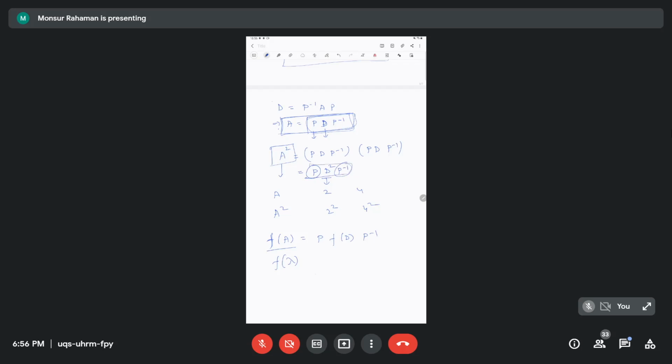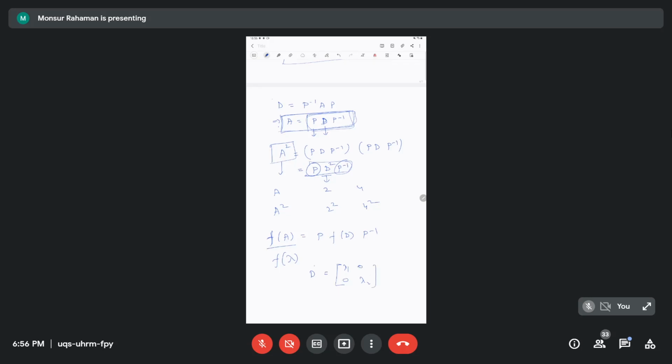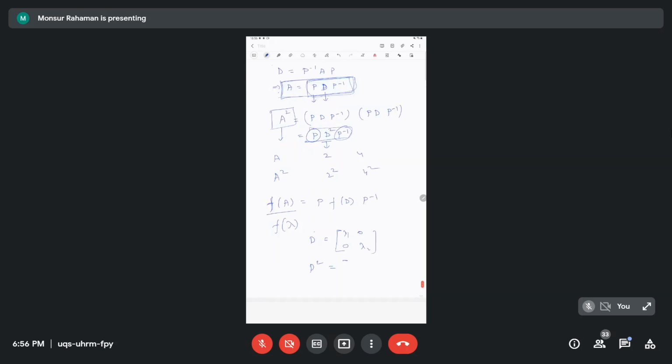Because these are diagonal elements, if d has lambda 1 and lambda 2 with zeros elsewhere, d square is lambda 1 square and lambda 2 square, so only the diagonal elements are affected. So the eigenvalues of a square are lambda 1 square and lambda 2 square, where lambda 1 and lambda 2 are the eigenvalues of a.